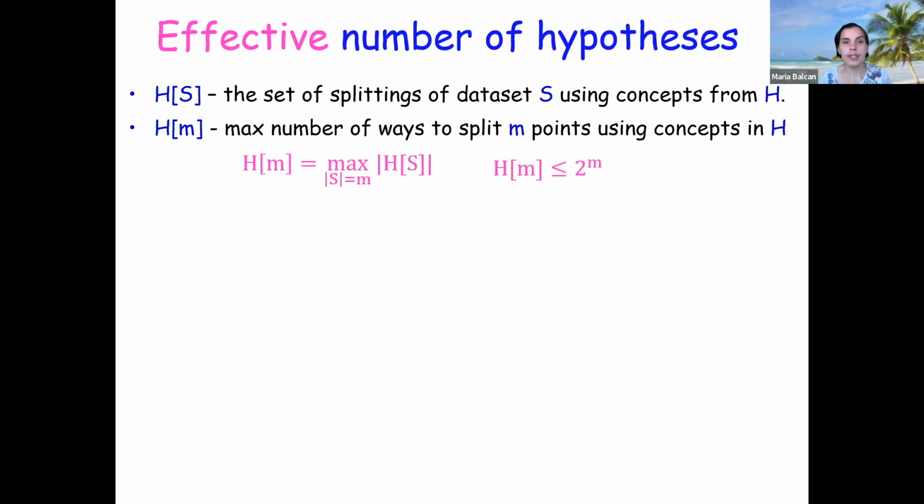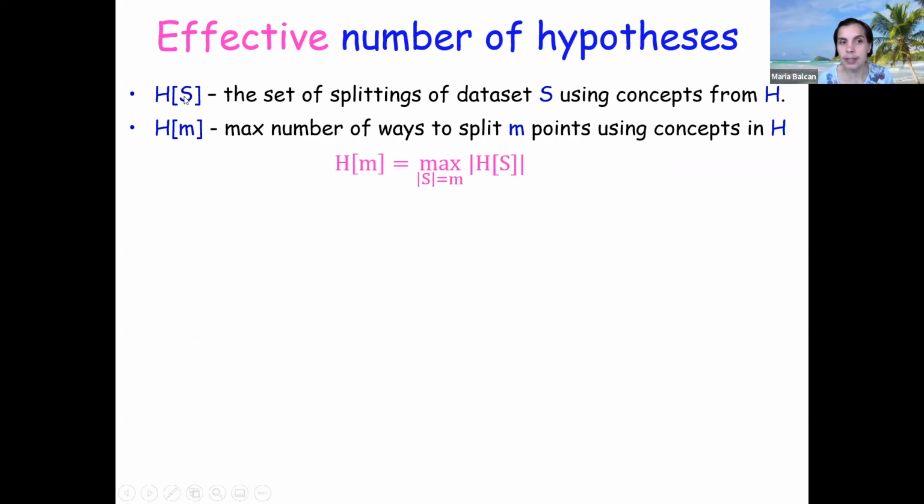So I'm going to introduce this notation, which is called the shattering coefficient. If H is my set of classifiers and S is a set of examples, I'm going to denote by H of S the set of all possible labelings of my data set using classifiers from the hypothesis space H. So S is a training set of examples, and H is a set of classifiers, say maybe linear separators.